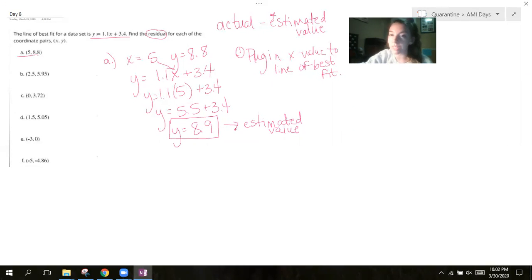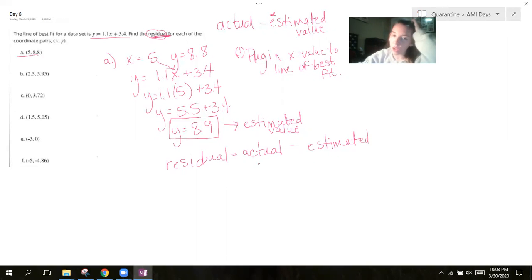So if we want to find the residual, which is what it's wanting us to find, we're going to take, okay, one second, having some technical difficulties. Residual is the actual minus the estimated value.